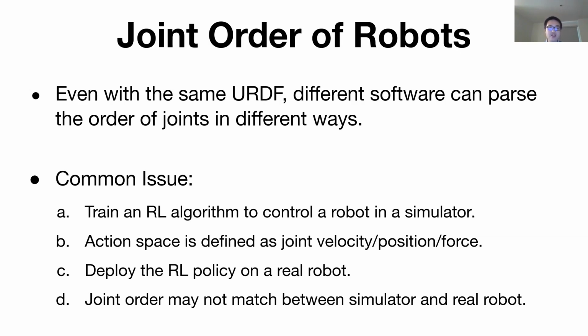Next, you will try to deploy this RL policy on a real robot. And here the issue is that the joint order on the real robot may be different from the joint order on the simulated robot. So in that case, if your algorithm does not work, maybe do not jump to blame the sim-to-real domain gap. Maybe it's just a simple bug in the joint order.